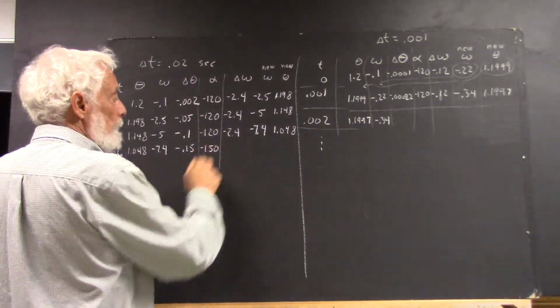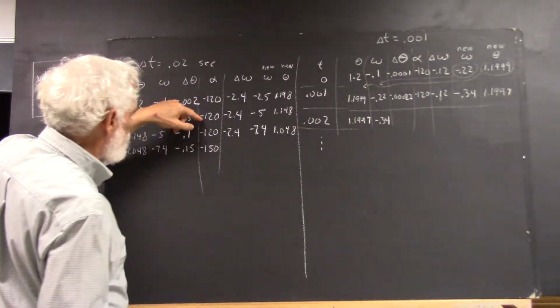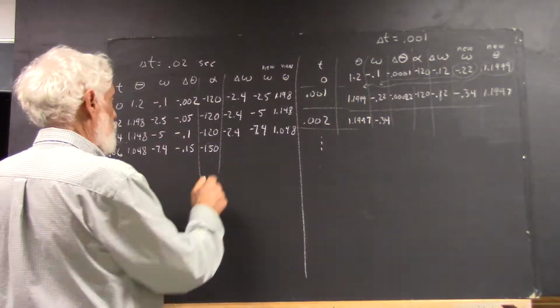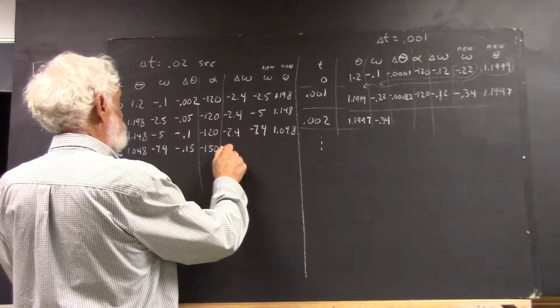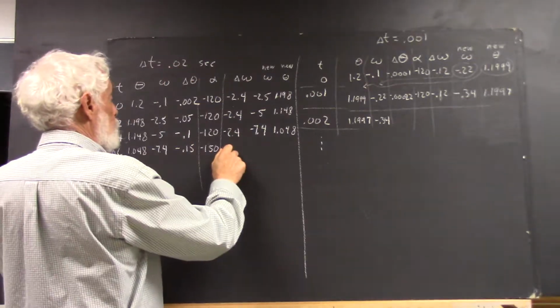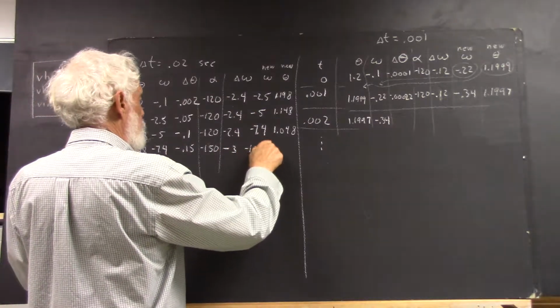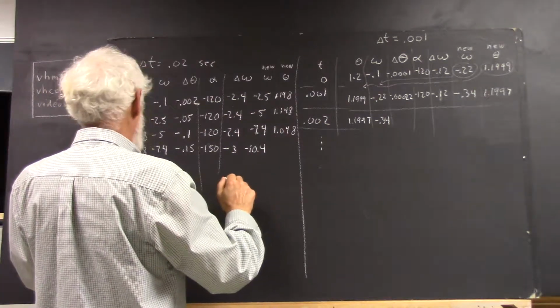So that our delta omega is now going to start increasing a little bit because our alpha really would have increased a little bit here. As I say, you can put these numbers in and see how they change. Our delta omega is going to be then negative 150 times 0.02, which is going to be about negative 3. So we're going to have about negative 10.4. We're speeding up, and our thetas are changing by more and more.